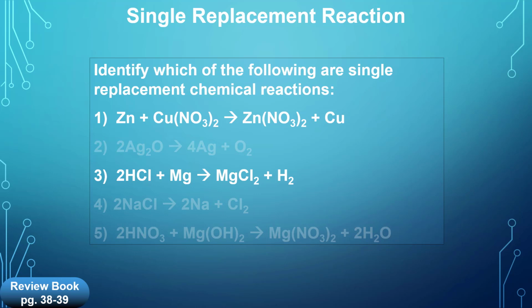You can see that zinc has replaced copper in the first one. It has kicked copper out, and it is now inside the compound, right? And in the other case, you can see that the magnesium has kicked hydrogen out. And that was our example before.